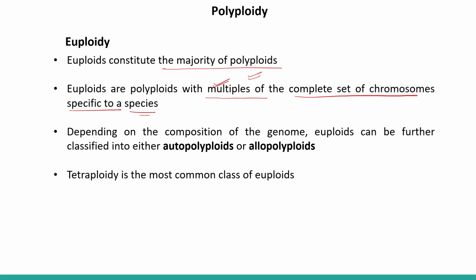So when multiples of a complete set of chromosomes are present, then it is euploid. Depending upon the composition of the genome, euploids can be further classified as autopolyploids and allopolyploids. Tetraploidy is the most common class of euploids.